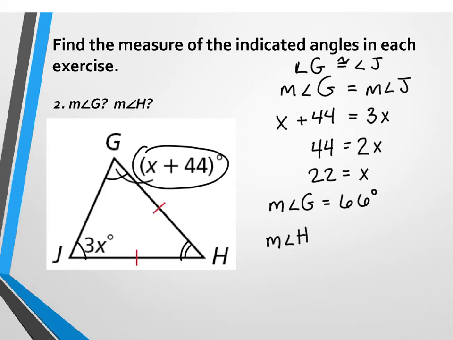The measurement of angle H is equal to 180 minus 66 and minus another 66.